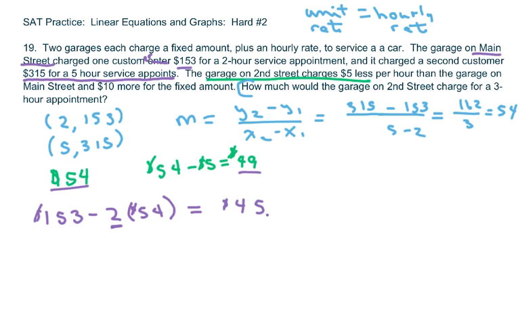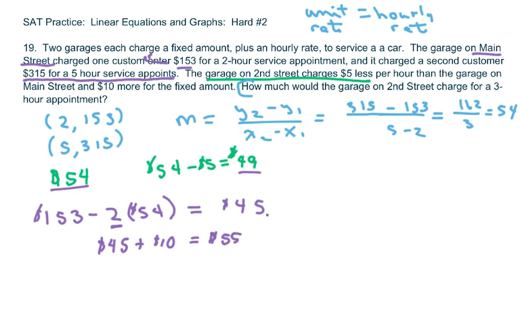Now, the garage on 2nd Street charges $10 more. So all you do is put in $45 plus $10 equals $55.